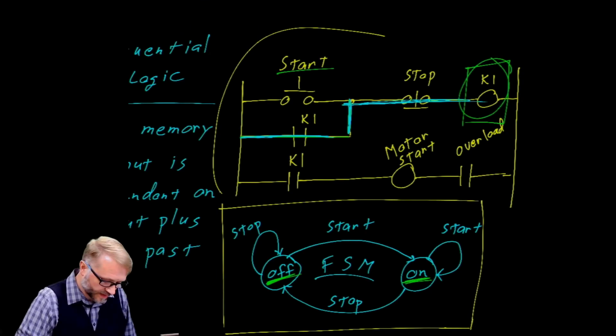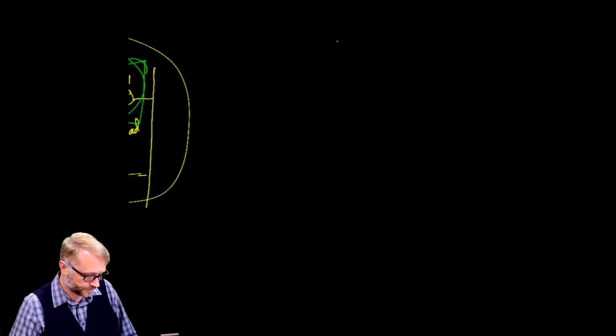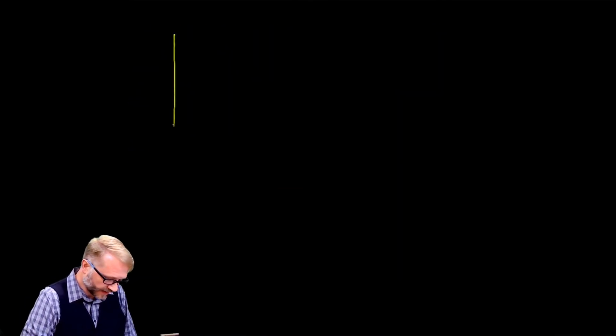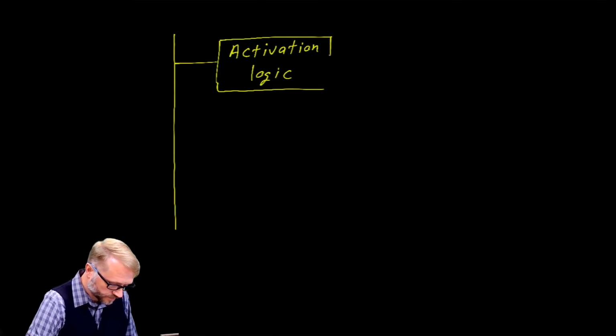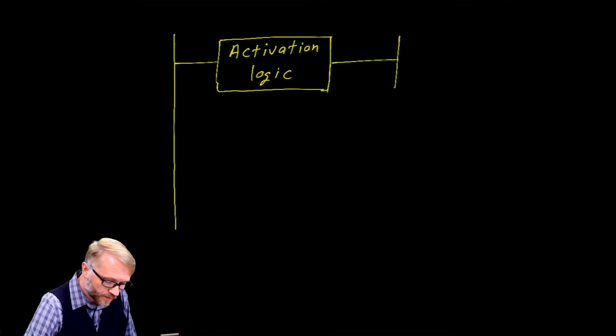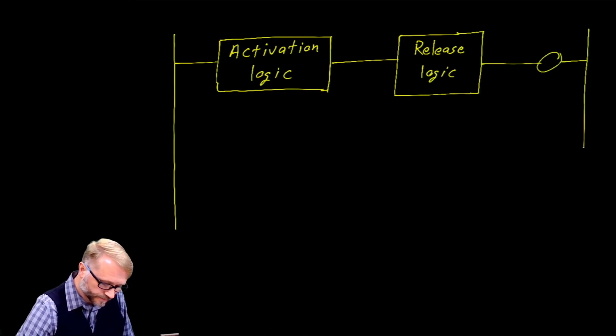Let's start by taking a closer look at this circuit here. If we were to generalize, we would describe an activation logic. On that same rung, we find release logic. And then, of course, the coil. And we'll call it Boolean latch.